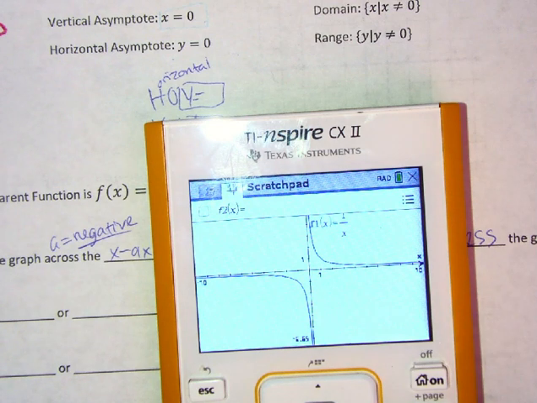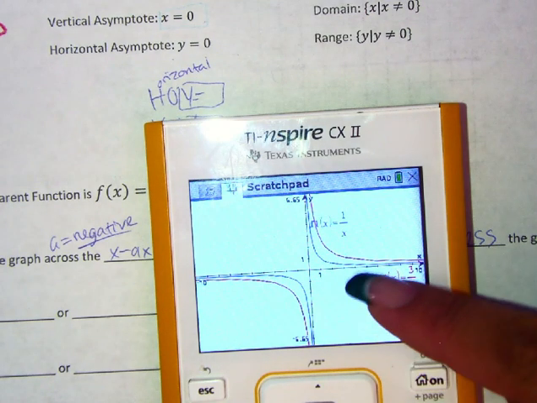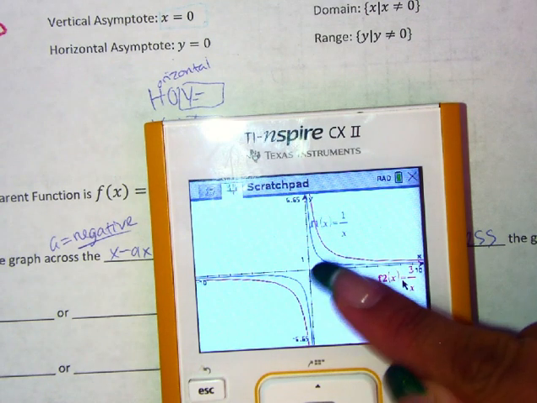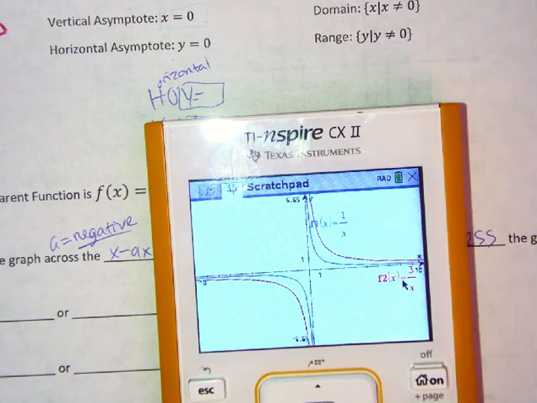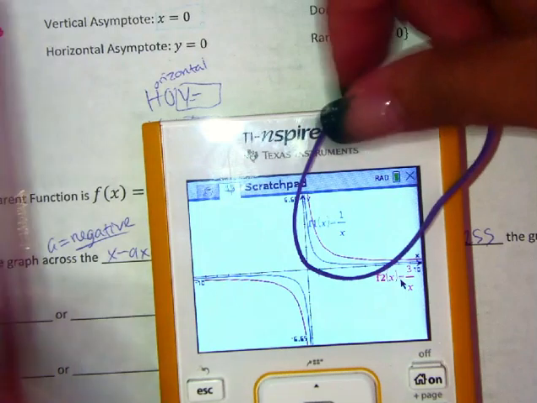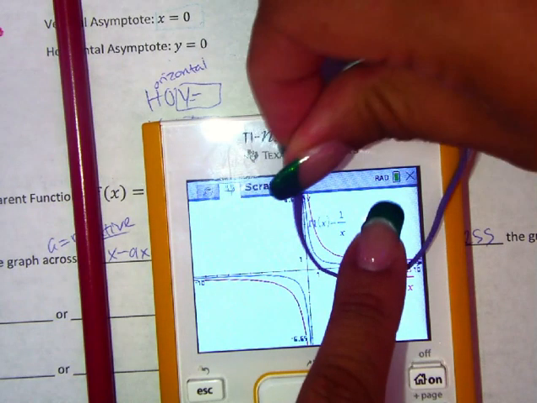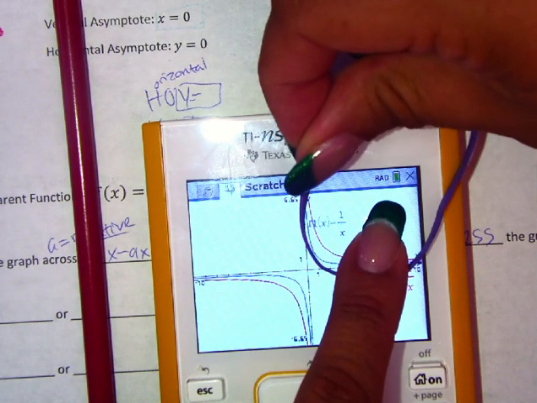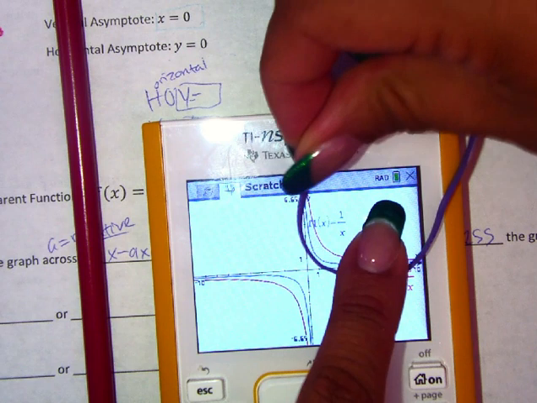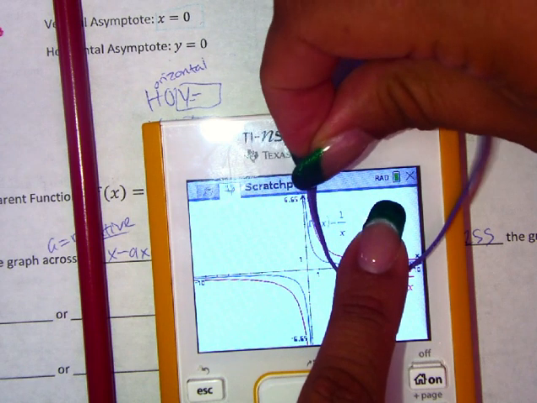So let's say I type 3 over x. As you can see, 3 made it go more in this direction, which made it a stretch. If I had a rubber band, you can visualize me stretching this rubber band this way vertically, and it creates that image that we see.